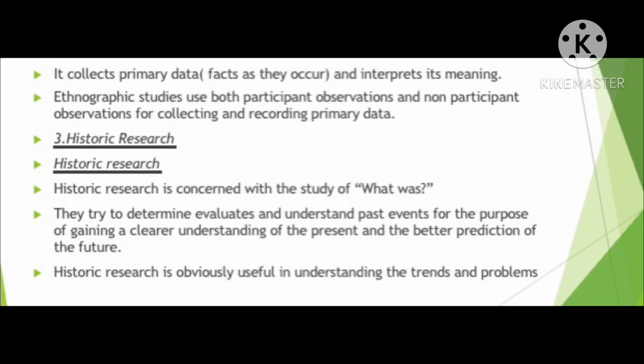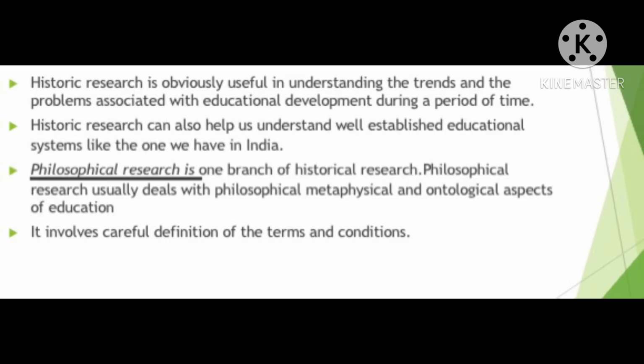They try to determine, evaluate and understand past events for the purpose of gaining a clearer understanding of the present and a better prediction of the future. Historic research is obviously useful in understanding the trends and problems, the present trends or the future trends. In order to understand that very clearly, historic research helps us.